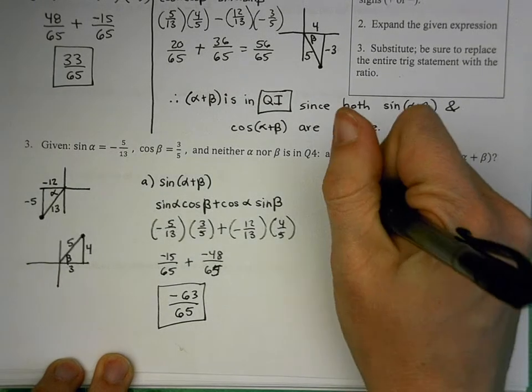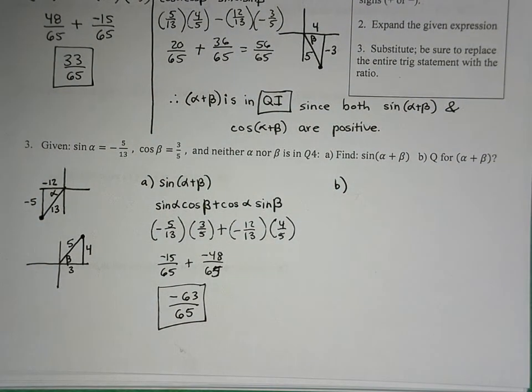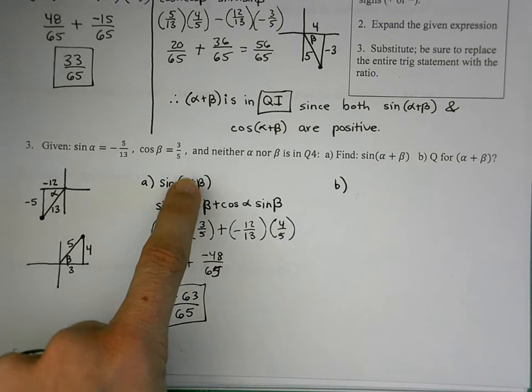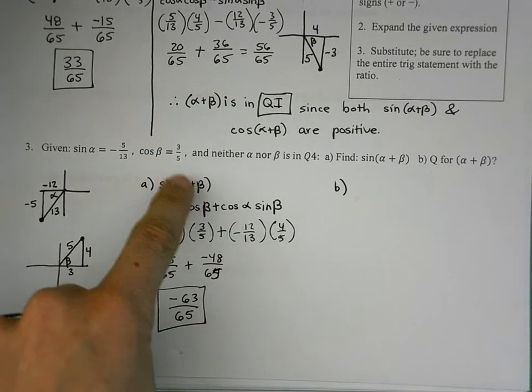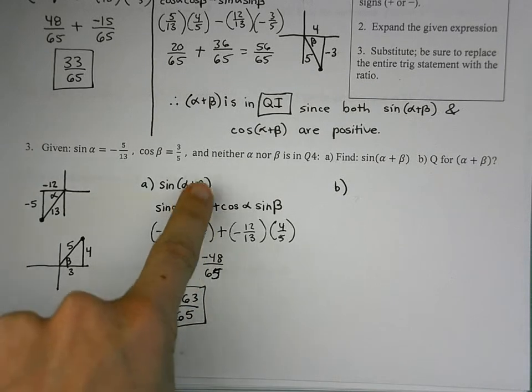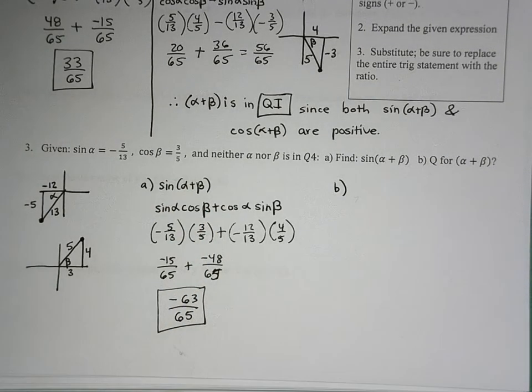B then, what quadrant is alpha plus beta in? Well, I know sine of alpha plus beta was negative, which tells me that alpha plus beta is in one of two quadrants. What quadrants would alpha plus beta have to be in for sine to be negative? Okay, well that should be the third or fourth.